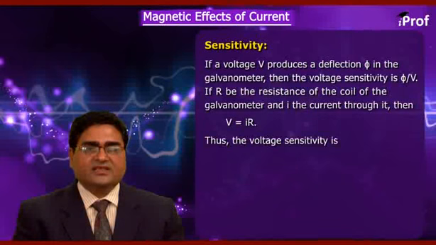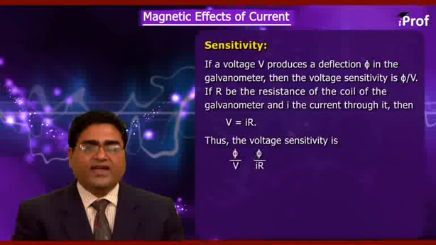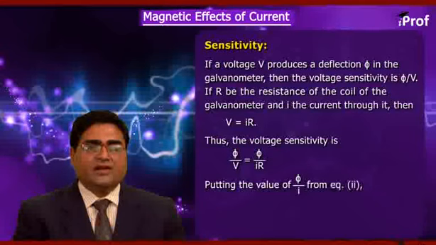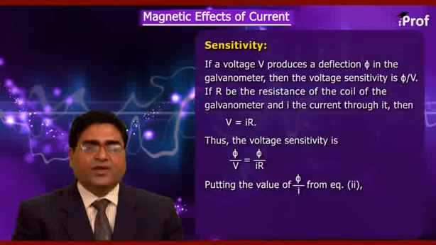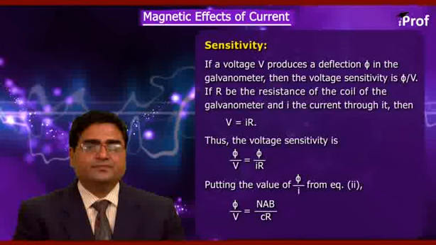Thus, the voltage sensitivity is phi upon V equal to phi upon IR. Putting the value of phi upon I from equation 2, we have phi upon V equal to NAB upon CR.